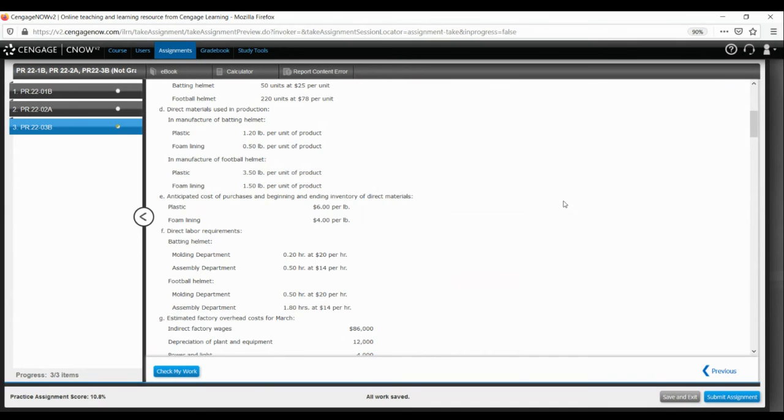Okay, again, I've calculated that wrong. So just go back to Part F and look at what they're telling you here. Part F, the batting helmets for the molding department was 20 parts of an hour.